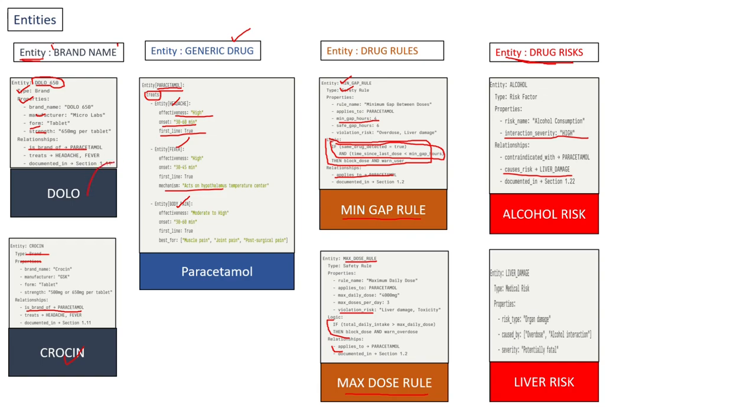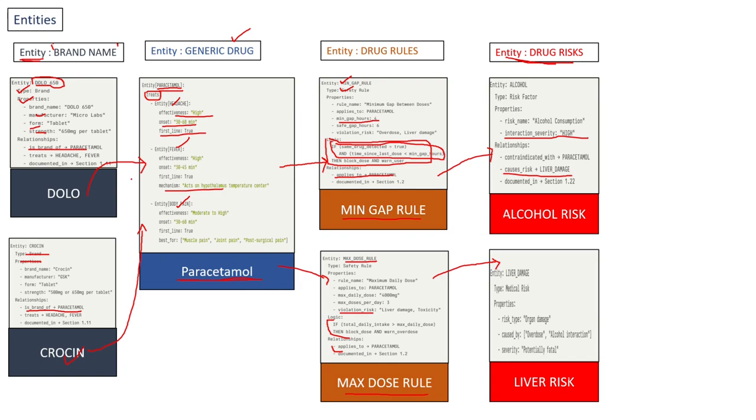So it will connect it to this entity, and Crocin is a brand of paracetamol, so both are connected to the same paracetamol entity. Then, after you get this entity, it is connected to the rule entities. And then whatever risk it can create, it will connect to this alcohol risk and liver risk.